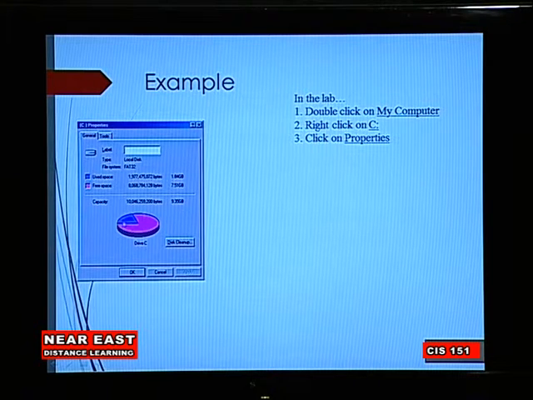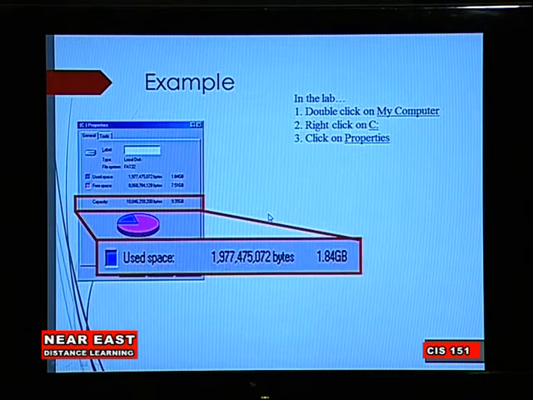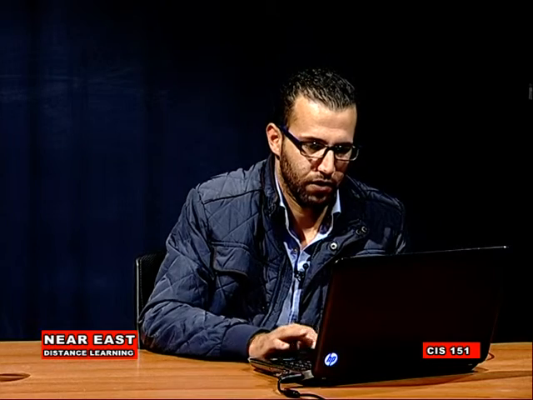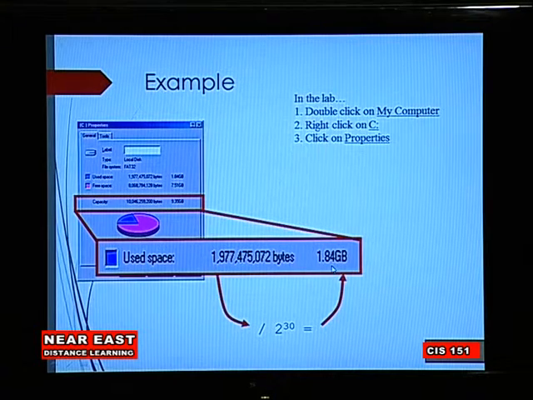It shows you exactly the used space and free space. This is how you get 1977475072 bytes, which is equal to 184 gigabytes, which is equal to 2 to the power 30, this number.